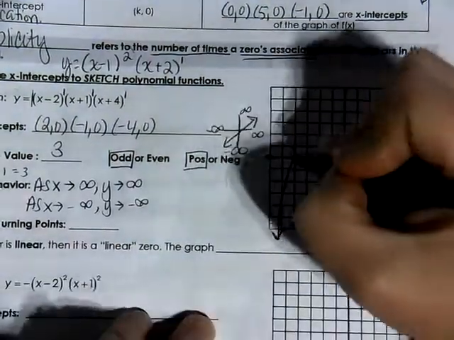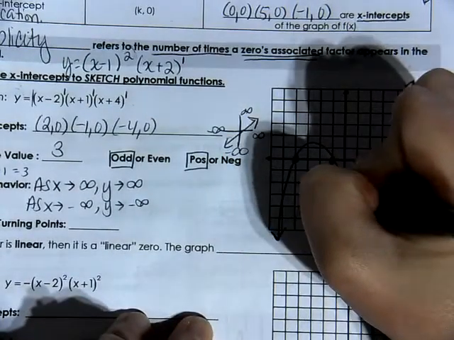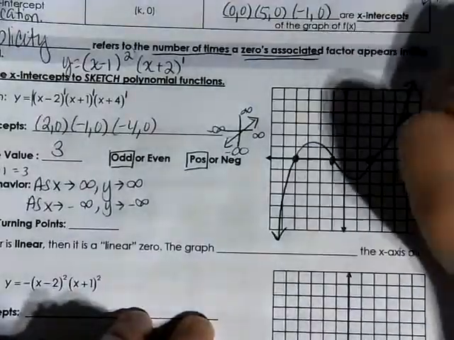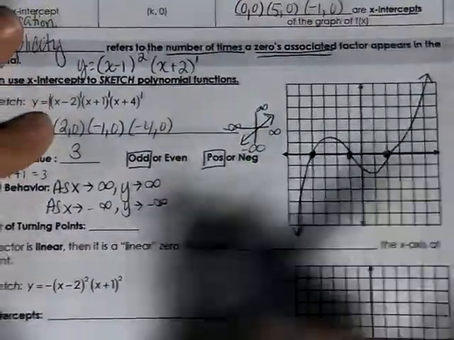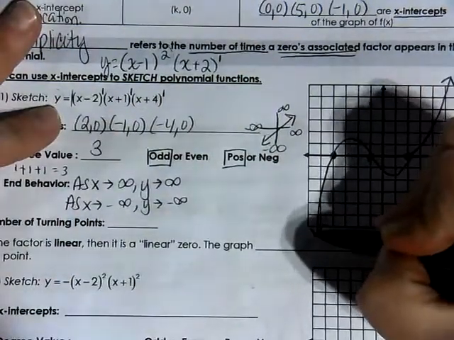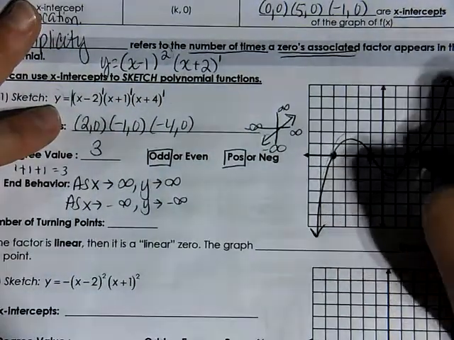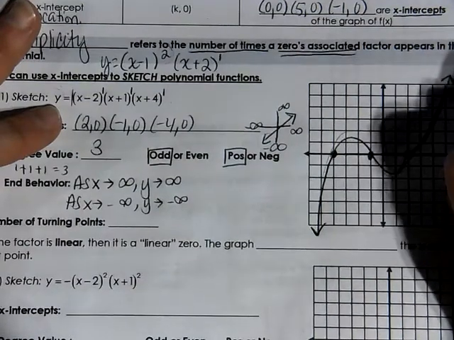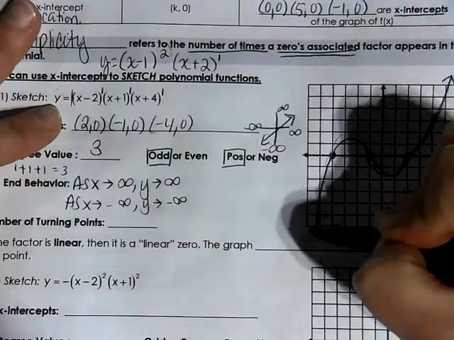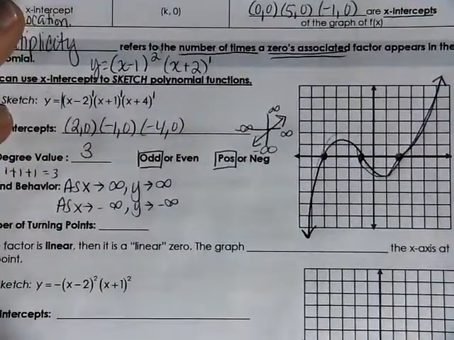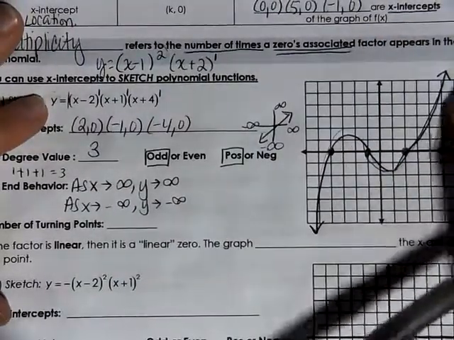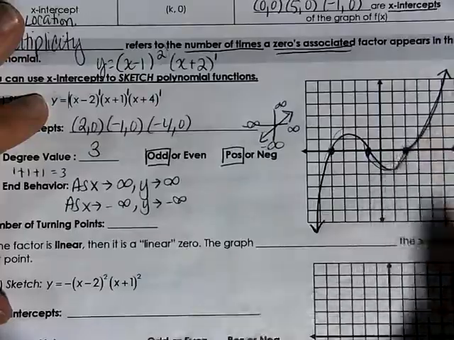And what you're going to do is cross through and go through all of our x-intercepts. So anytime that you have a multiplicity of 1, you're always going to cross through your function. And you'll go as high up or as low as you want to go because these are sketches. The reality of this graph is it might go up a little bit higher, it might go down a little bit lower, but what I'm looking for is that you're crossing.